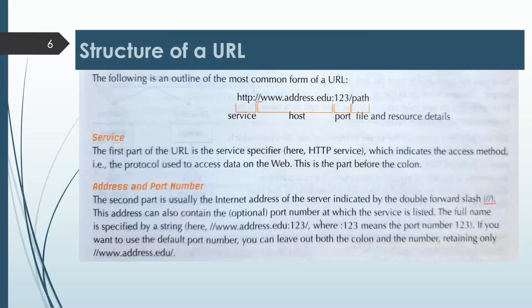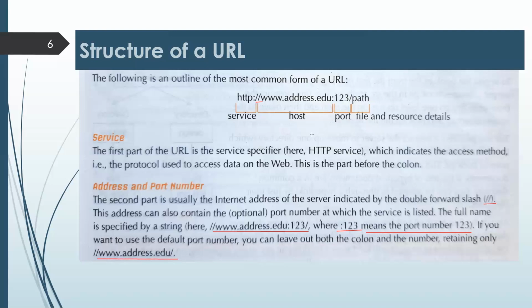The full name is specified by a string www.address.edu:123/, where :123 means port number 123. If you want to use the default port number, you can leave out both the colon and the number, retaining only www.address.edu.